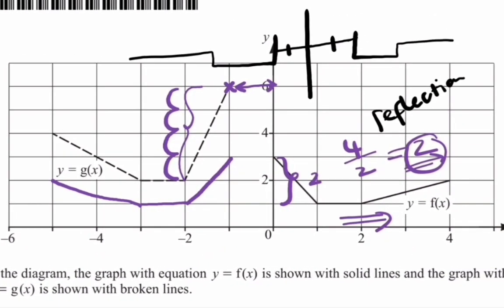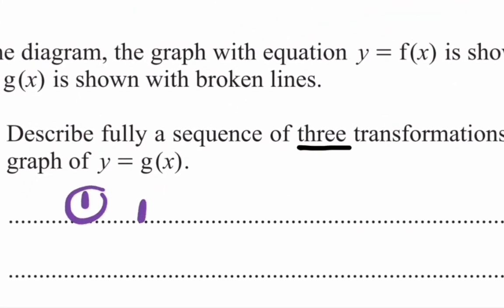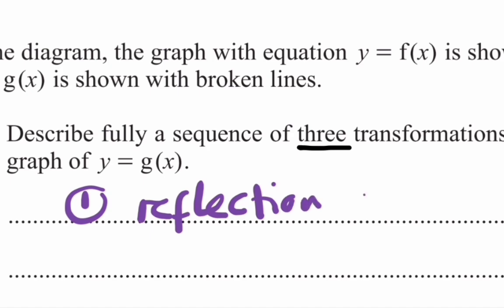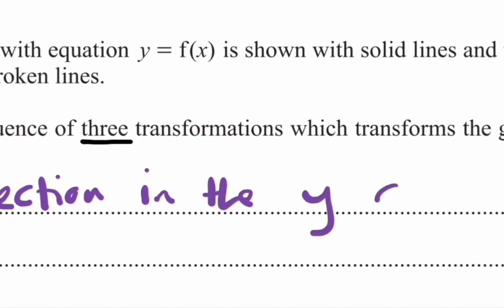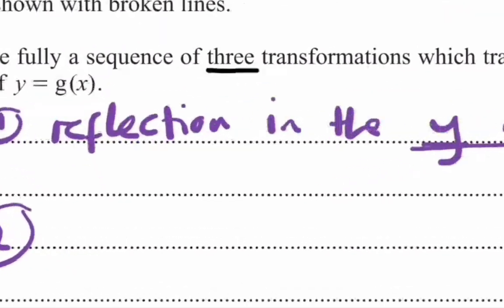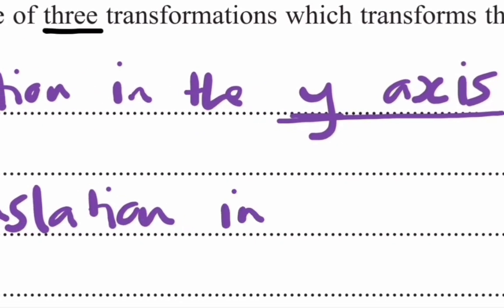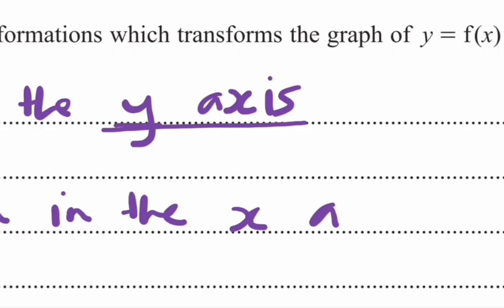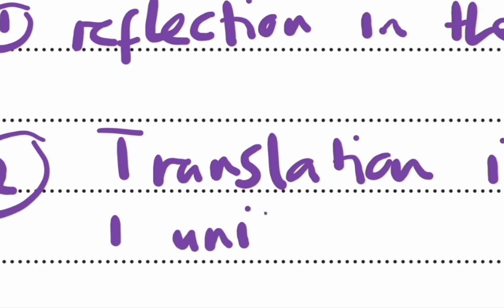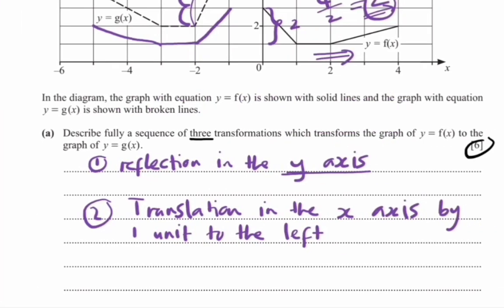So summarizing all that now, we will be saying, first of all, we had a reflection in the y-axis, meaning the y-axis was our mirror line, and it was followed by a translation in the x-axis by 1 unit to the left, right?